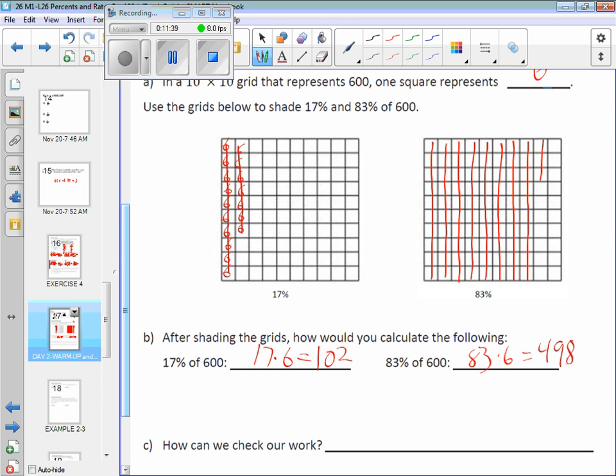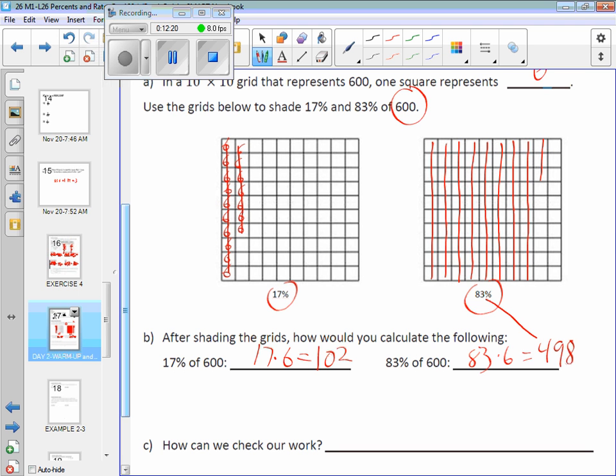Now let's think for a minute. 17% and 83%, those percentages add up to what? 100%, which is the whole grid. So if 17% is 102 and 83% is 498, 100% has to add up to the whole amount, which is 600.